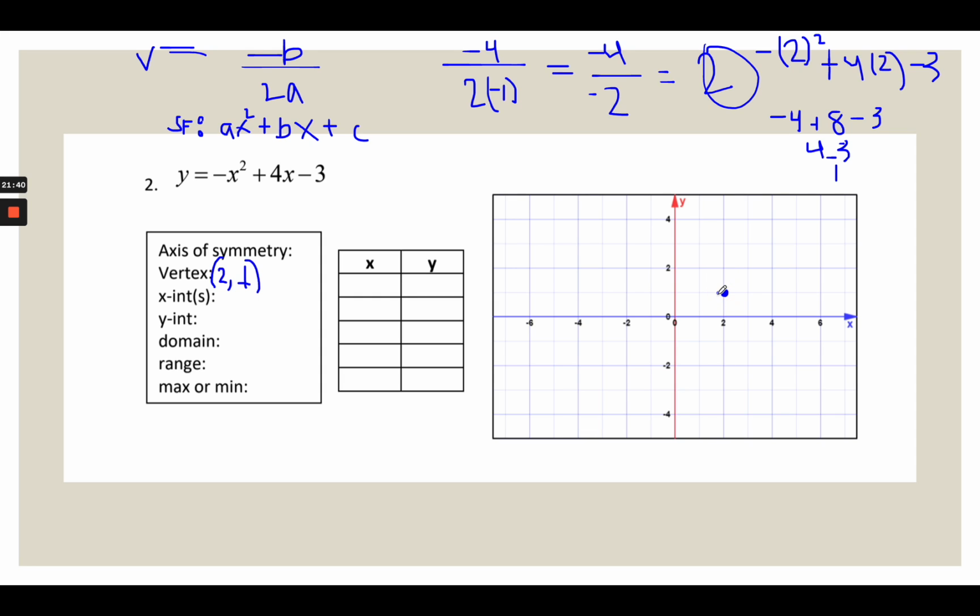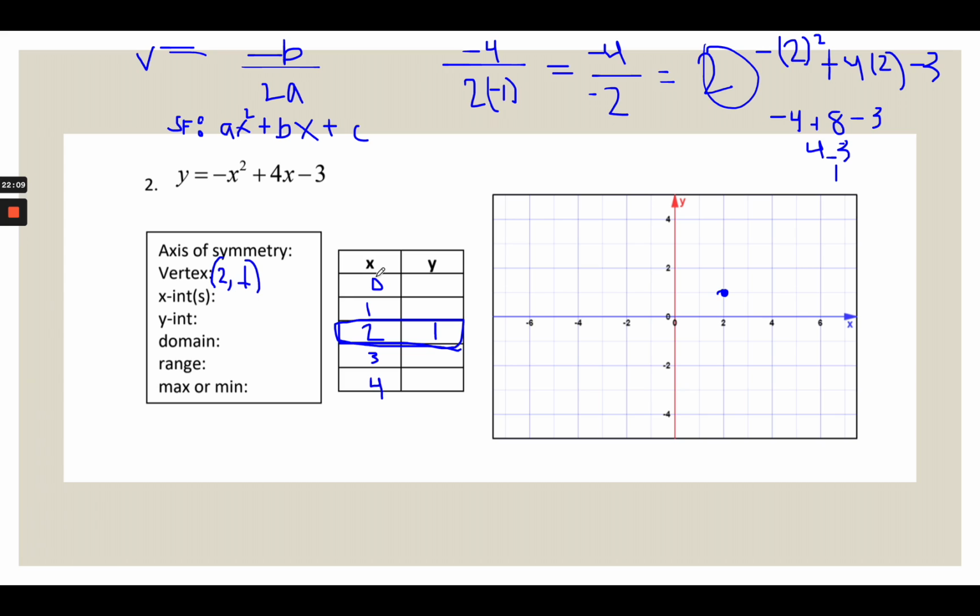Now, remember, when you see that, put that in your middle box. Boom, right here. Okay, vertex goes in the middle because our parabola is symmetrical. So when we fill this in with the rest of the numbers, 0, 1, 2, 3, 4, it's going to give us symmetrical points.